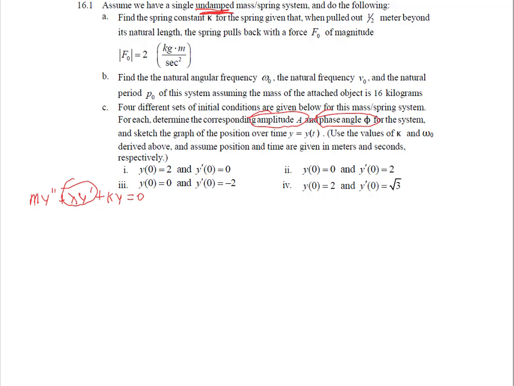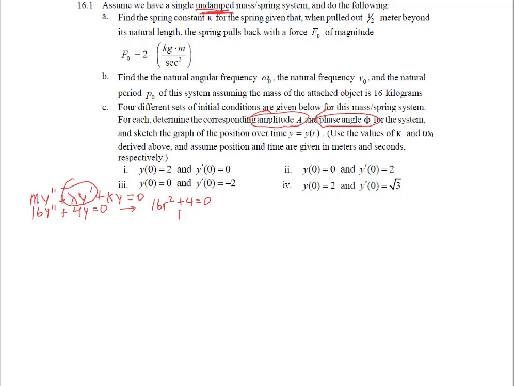And we're told that m was 16, so this comes out to be 16 y double prime. We found kappa up in part A to be 4, and we'll solve that. This gives us a characteristic equation of 16r squared plus 4 equals 0.